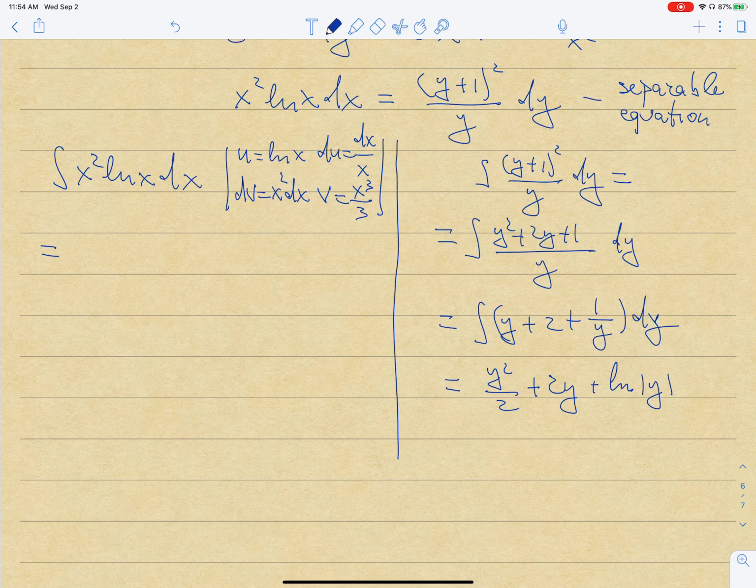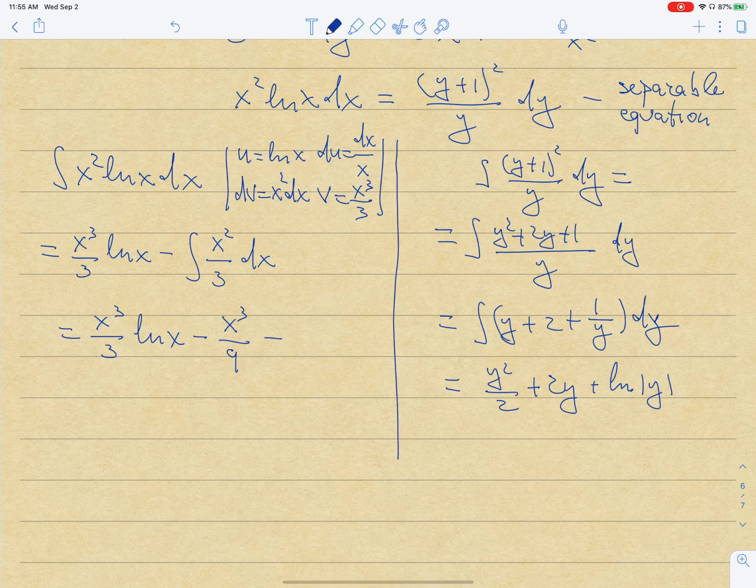So my integral is u times v, x cubed over 3 natural log of x, minus the integral of v du, which is x cubed over 3 times 1 over x, so integrating x squared over 3 gives x cubed over 9. So we get x cubed over 3 ln x minus x cubed over 9 plus a constant.